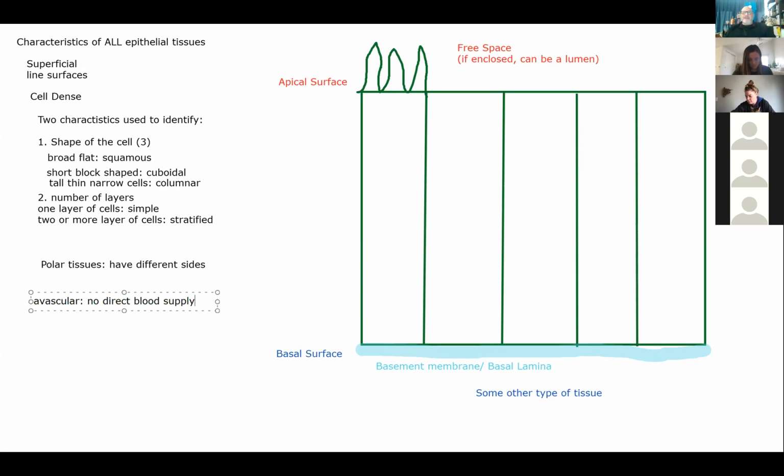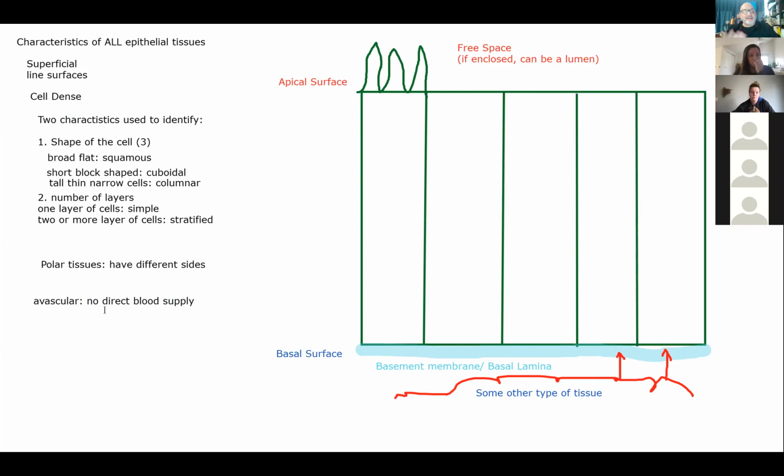And again, you may not have thought of it in these words, but you're definitely aware of it, because if you scratch the surface of your skin, do you instantly start bleeding every time you have an itch? No, if you want to bleed, you've got to dig a little deeper, right? So we have that there on the surface, no direct blood supply to them. They're avascular. Doesn't mean they're dead. They just need, for instance, a blood vessel in the tissue beneath it to provide the oxygen and the nutrients that it needs by diffusion.